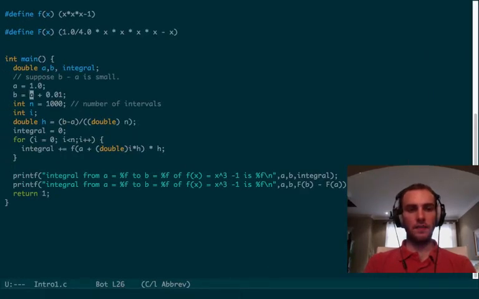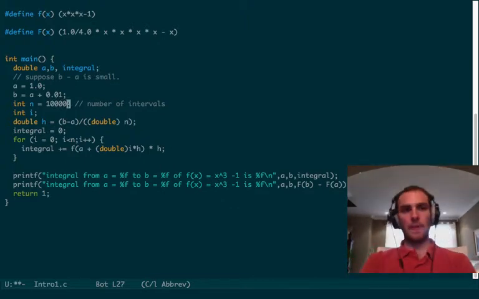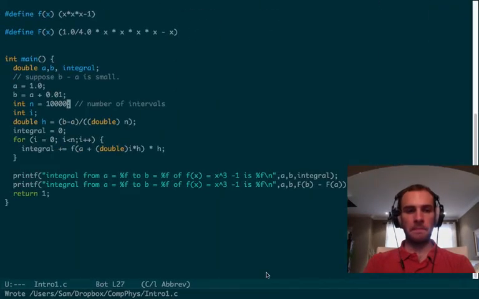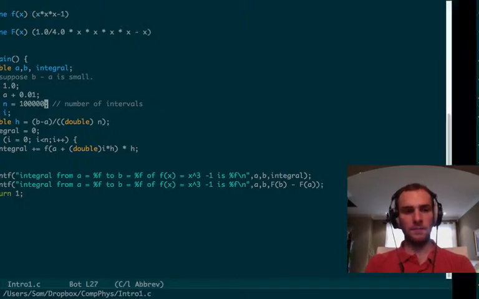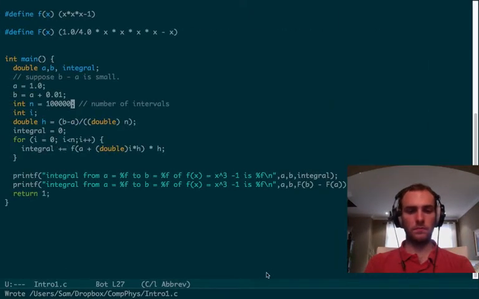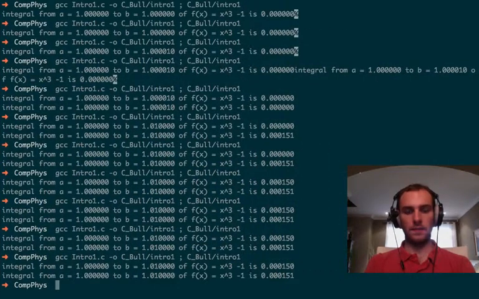Can we get it even better? Well, if you reduce the size of the interval, it should do the trick, right? So now I multiply the number of intervals by 10, by 10 again, by 10 one more time.